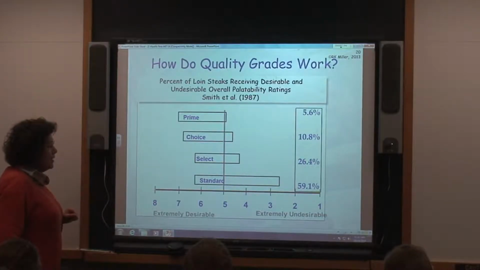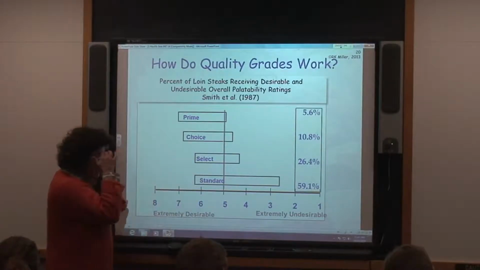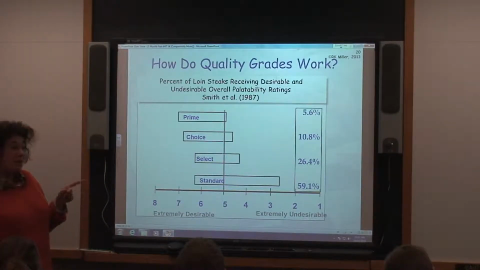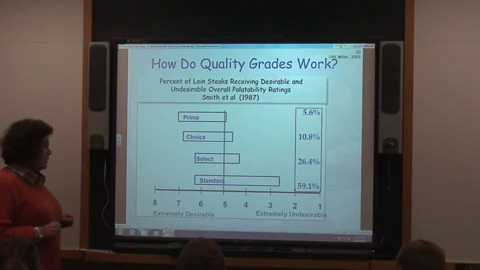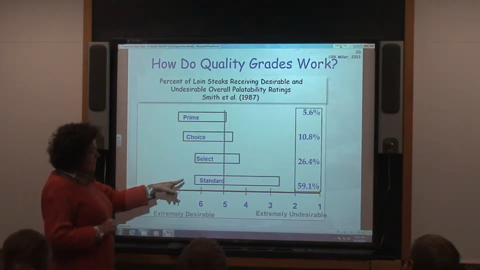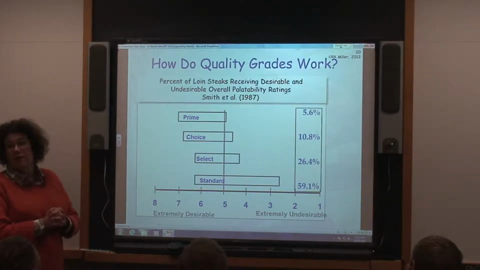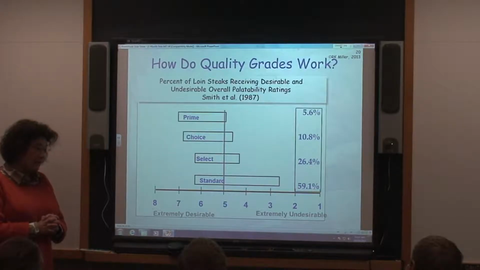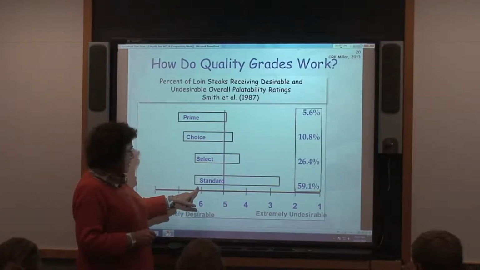So anyway, what did they find? This is just averaging across those three traits. I will tell you, tenderness probably played a bigger role in this than juiciness and flavor, so use that with a grain of salt. These boxes represent the scores for the meat from the standard carcasses. Some standard carcasses rated a 6.